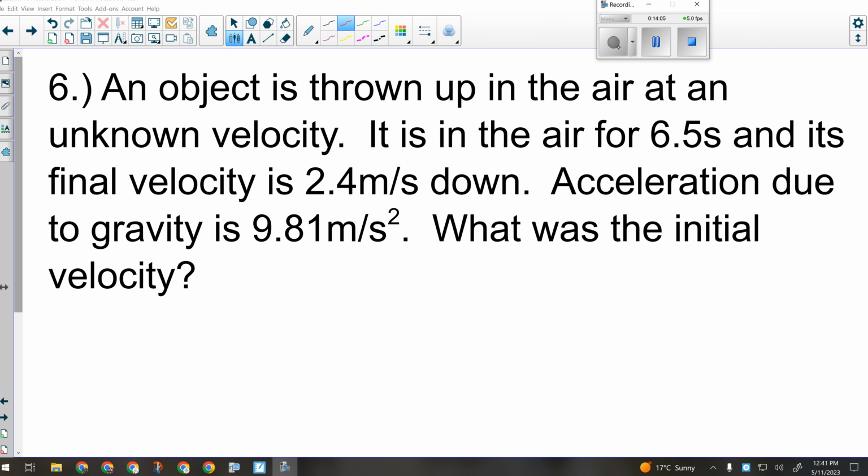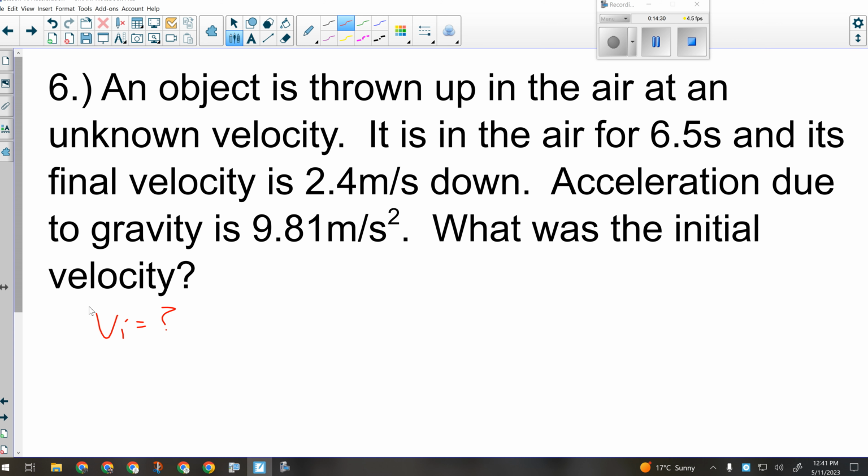That it acts down, because I initially throw this thing up. So it's just like the hill question, except now it's actually up and down instead of up and down the hill. So we have an unknown initial velocity, because it says we throw it up in the air at an unknown velocity. Unknown, so VI is a question mark.